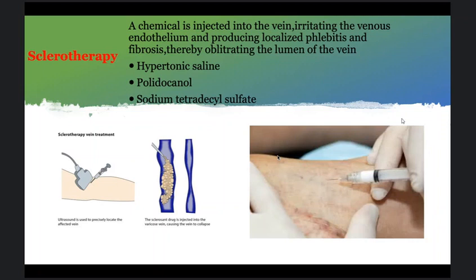Nowadays, in our practice, we use foam sclerotherapy, either sodium tetradecyl sulfate or polidocanol. We inject into the superficial veins. Mainly sclerotherapy is used for treating telangiectasia or reticular veins.